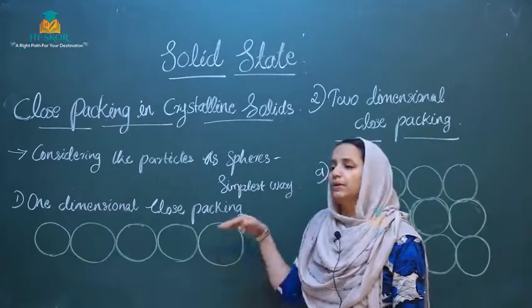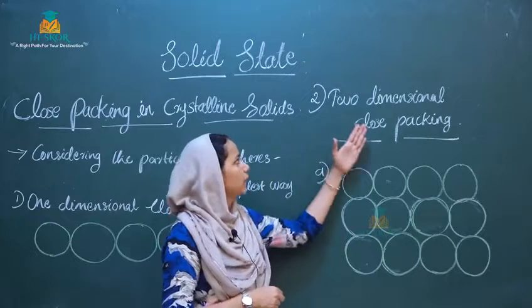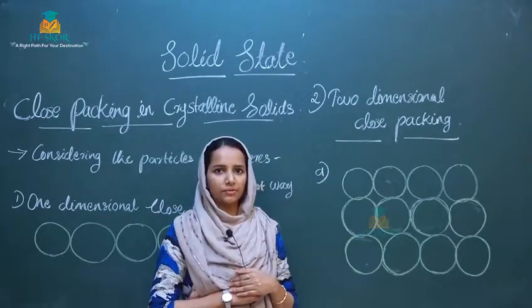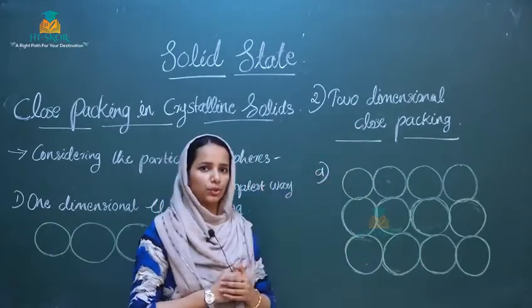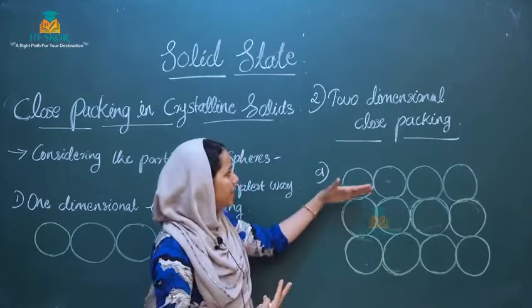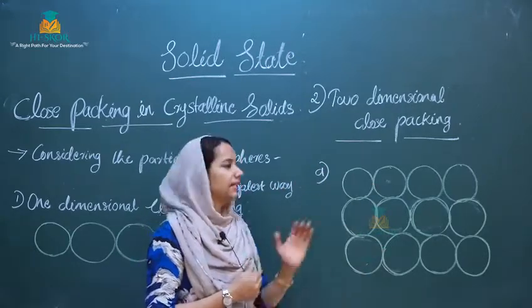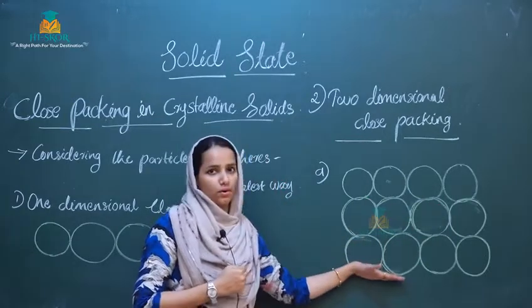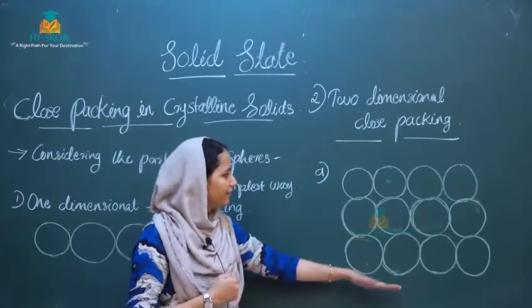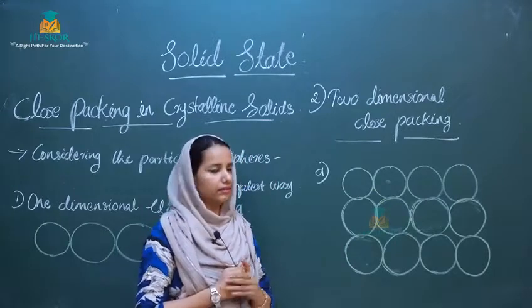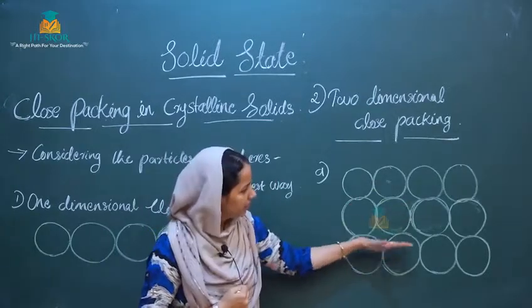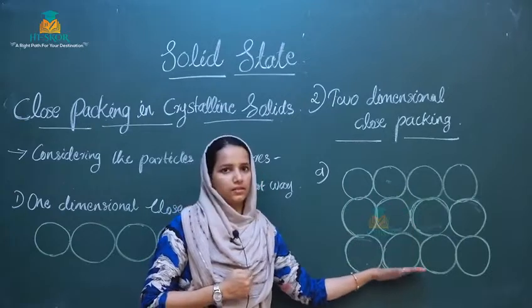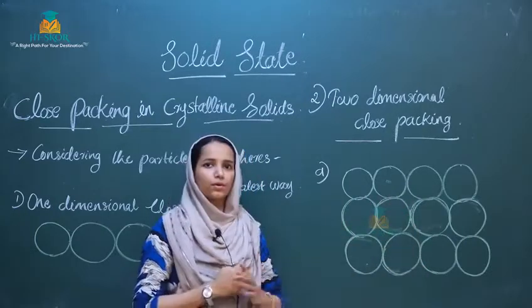The second type is two-dimensional close packing. Two-dimensional means the spheres are arranged linearly in a number of rows. We have an infinite number of rows like this, but I can draw only a few on this board, so I draw only 3 rows here.